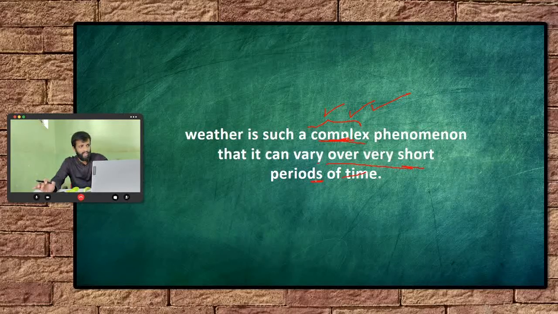And by the time you are ready to go, dressed up and all set, you see that the sky has turned black, and you know that for sure it's going to rain. So weather is a complex phenomenon which can change in a very short period of time.